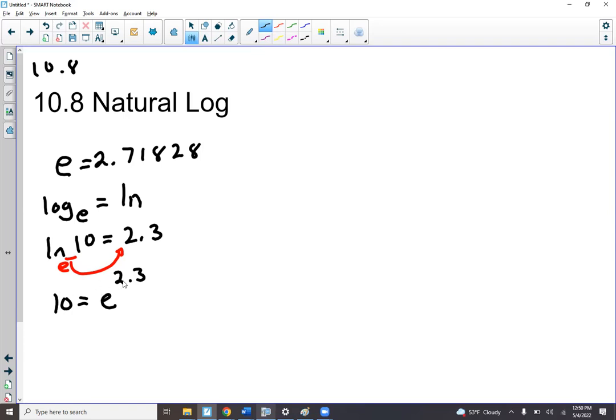We'll also do the reverse, where we have e to the 4th equals 54.6. If I want to turn it into log form, I'll take the e and move it to the other side. 4 equals, e is going to become ln 54.6.